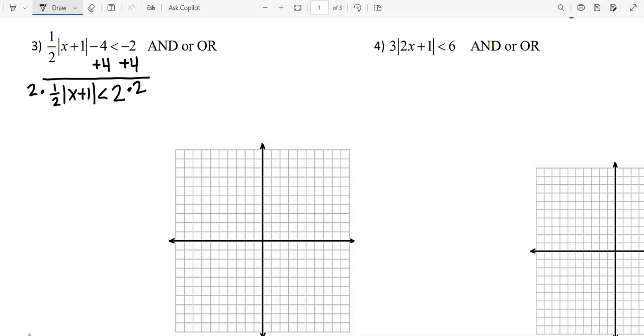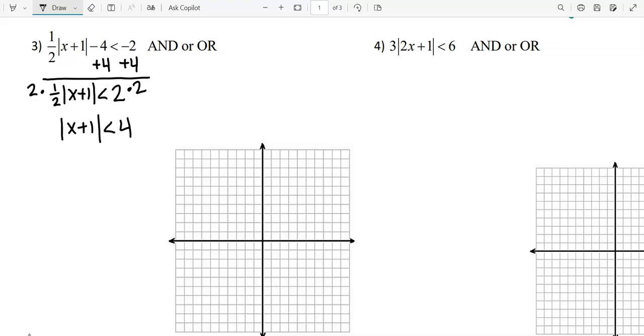What's inside the bars, because the bars are already multiplied by 1/2, so they're taken care of. 2 times 1/2 just gives us 1. You're not going to see that 1 because there's the absolute value of x plus 1 next to it. And then that's less than what? 4. Now, in the last step, if you had decided to multiply by a -2 because maybe your 1/2 was negative, don't forget you have to flip your sign in that case. But the 2 is positive, so we don't have to flip our sign.